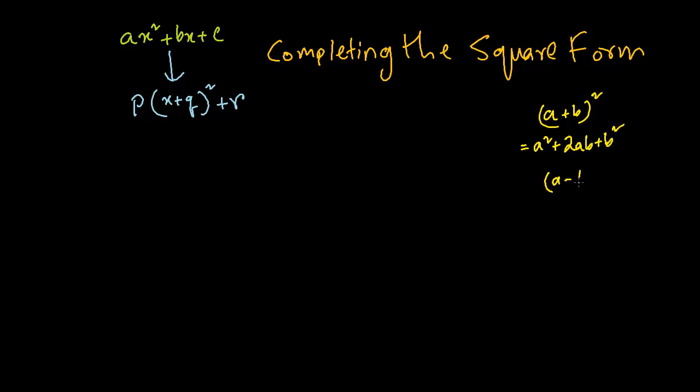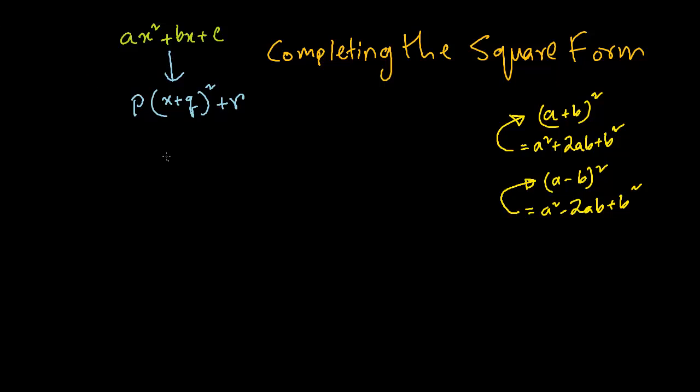It can also be a minus b whole squared, which is a squared minus twice ab plus b squared. Now the idea is, when we break this down, it looks something like a quadratic format, where the first term is a squared and the final one is b squared. So we want to change this into this. Or if there is a minus, we want to change this into this. So that's the main idea.